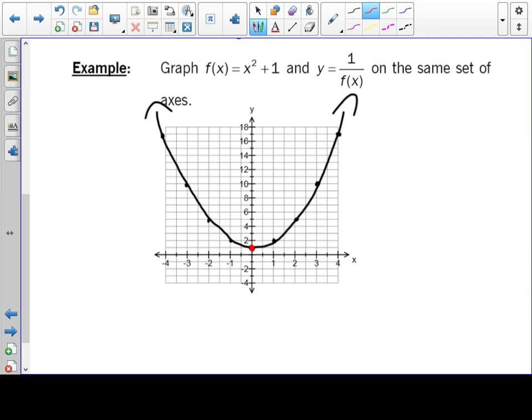On the original function, if you go anywhere to the left or to the right of that, the graph shoots up, and it shoots up quick. So the same thing's going to be happening here, but instead of shooting up, it's going to shoot down. And 1 over a really, really big number is still bigger than 0. So we don't have much room to play with here.